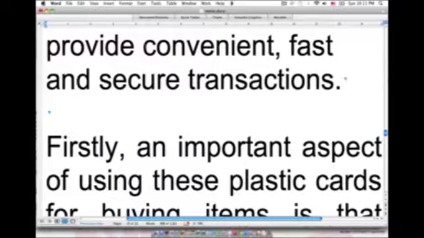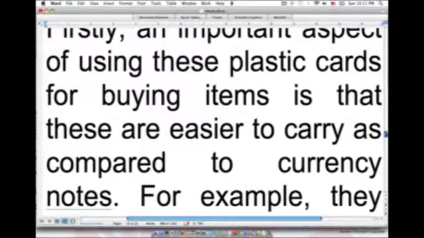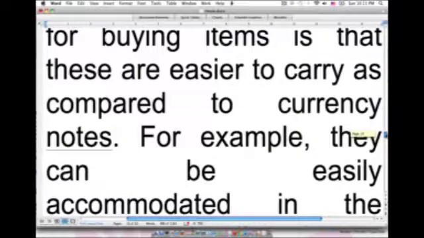We assume the student's going to talk about convenient, fast, and secure transactions, and they do. But I believe that convenient and fast are put together in a single supporting paragraph, and that paragraph starts to bring up examples, and the discussion is when it starts to get a little bit weak, because it's difficult to follow the discussion for each of the examples.